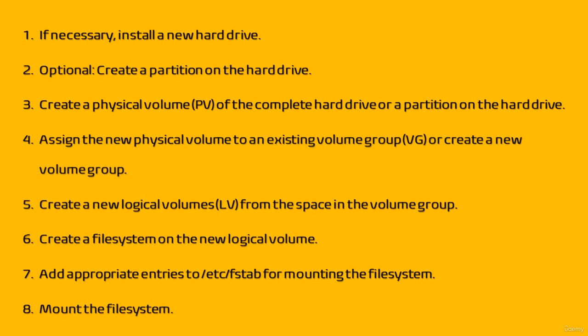And now you assign the new physical volume to an existing volume group, a VG, or create a new volume group. Create a new logical volume, LV, from the space in the volume group. Create a file system on the new logical volume. Then you can add appropriate entries to the /etc/fstab for mounting the file system. And then you mount the file system.